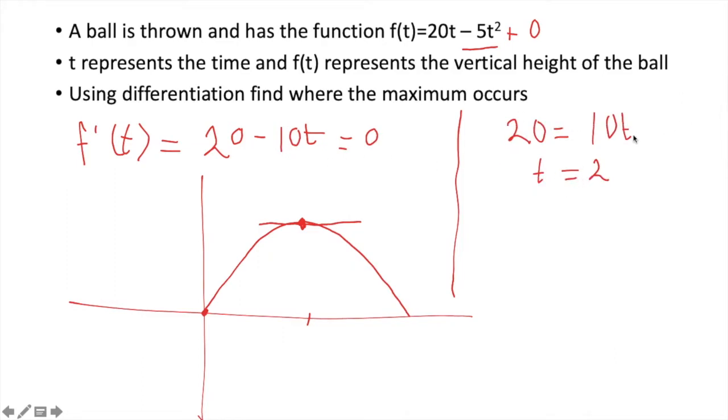And this is quite straightforward. We just move the 10t to the other side, and then we divide both sides by 10. So we get that t is equal to 2. Nice and straightforward.